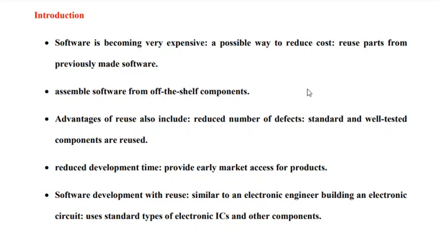Now, by reusing components, we can not only cut short on development cost, but we can also cut short on development time. And the reusable components do assure quality. So we'll come to that in sequence. So first, by enforcing reuse, we can reduce the overall software development cost, right?